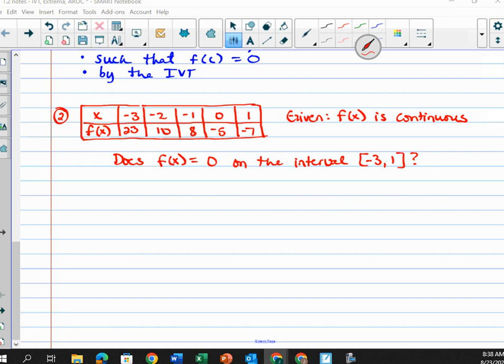But you still have the inequality has to be... so I did this on purpose.